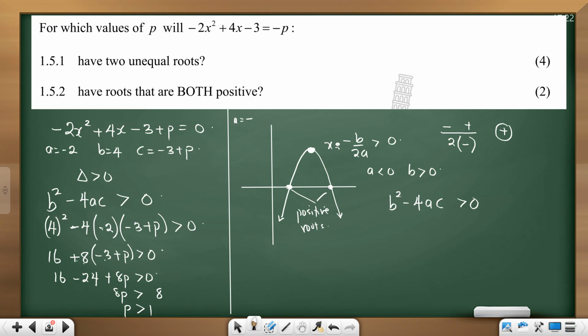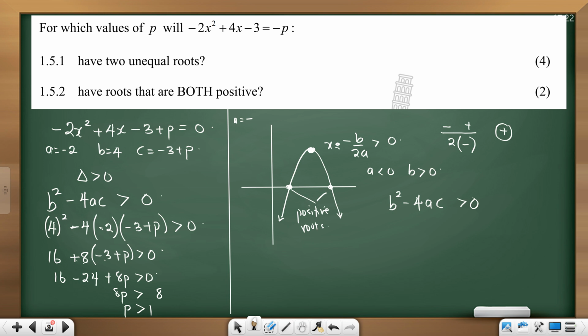Our b is positive already, and a is negative. So p must be greater than 1. Okay, 1 second.